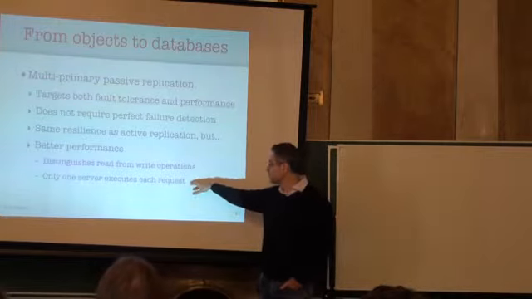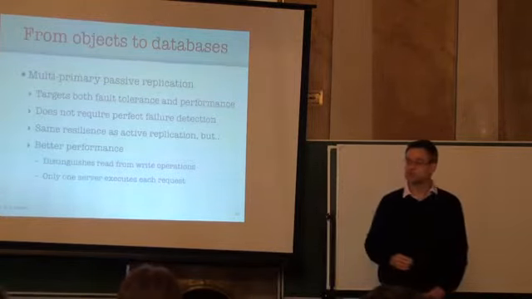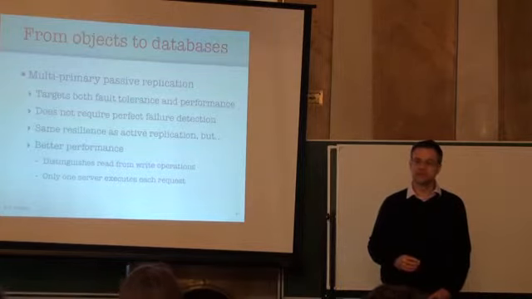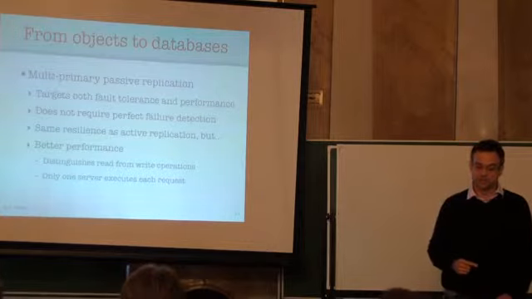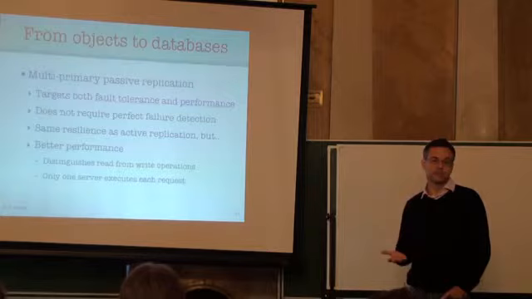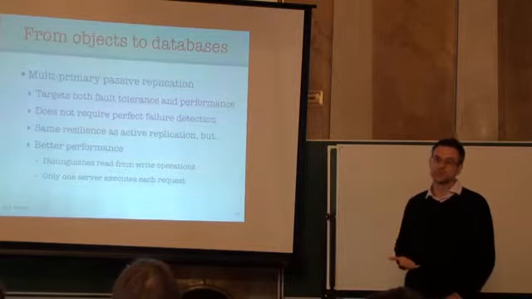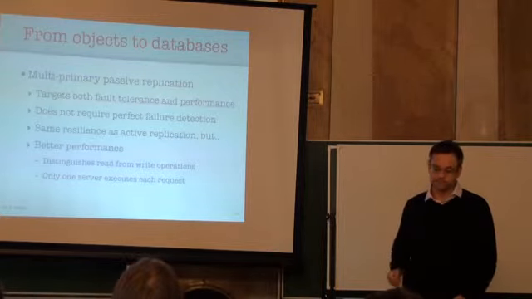The second one is a little bit more complicated. Only one server executes each request, differently than active replication, where every server executes all requests. That's why I call it multi-primary passive replication, because in passive replication, only one server executes the requests. Here, I also have only one server executing the requests, but not necessarily the same server.